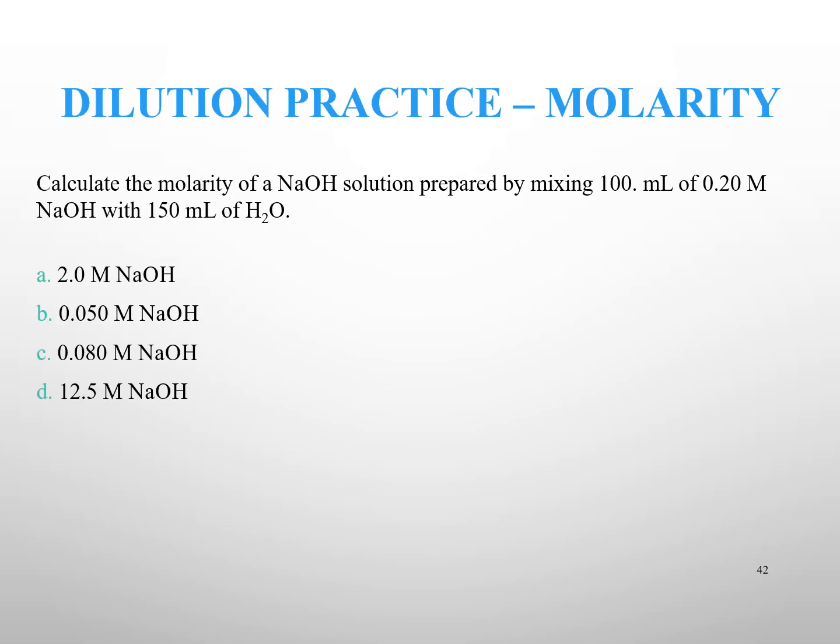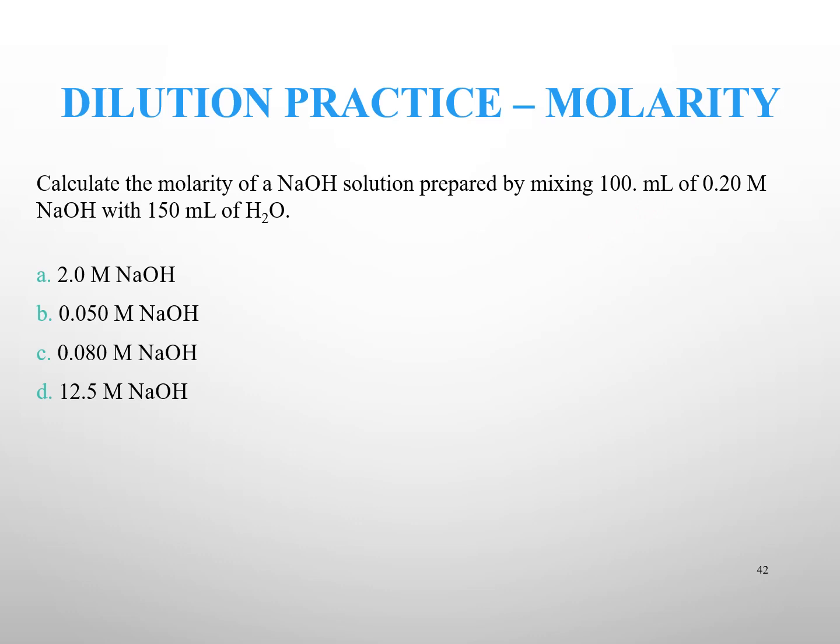So one last problem here. Calculate the molarity of NaOH solution prepared by mixing 100 mL of 0.2 molarity NaOH with 150 mL of water. So you originally have 100 mL of a 0.2 solution, and you're going to add 150 mL of water. So your new volume is going to be 150 mL and 100 mL added together, correct?